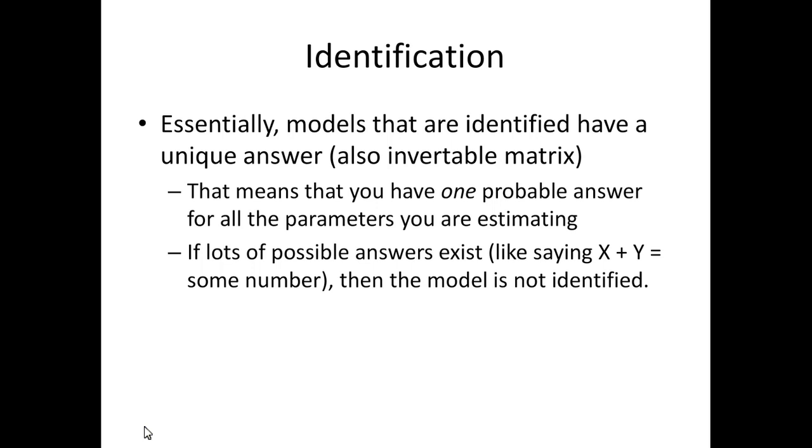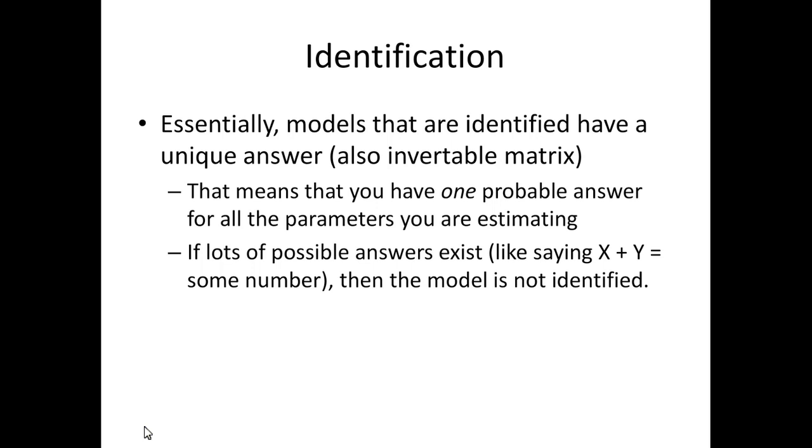Now, when I talk about unique answers, that means that you have one likely answer for all the parameters you're estimating, and not multiple answers. SEM is an iterative process and is not a closed-form solution. What I mean by closed-form solution is that if I say x plus y equals 4, there are actually multiple answers for that, and so that's not closed form.